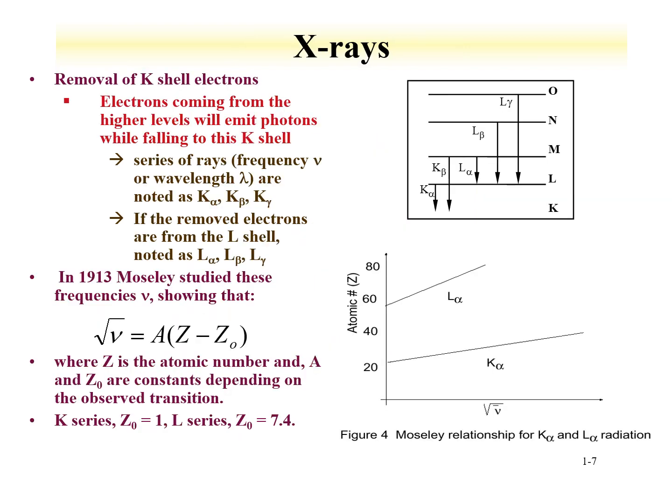And as shown here, one can remove, for example, a K orbital. The electrons that go down to fill those K orbitals can be defined by the transitions. Those transition energies, shown here as the square root of the frequencies as a function of atomic number, are shown to have a relationship.